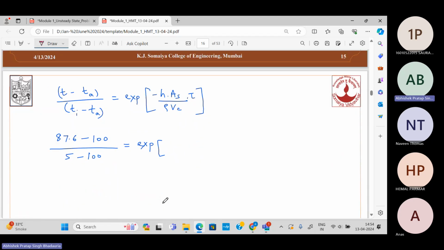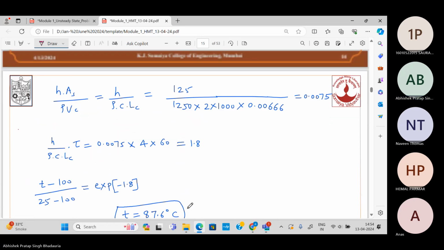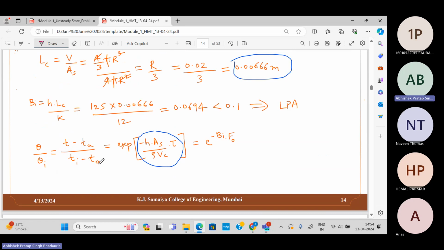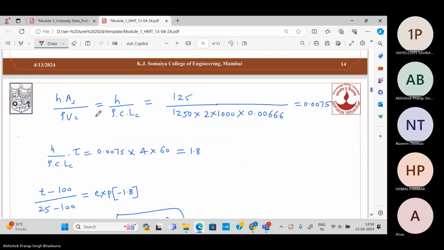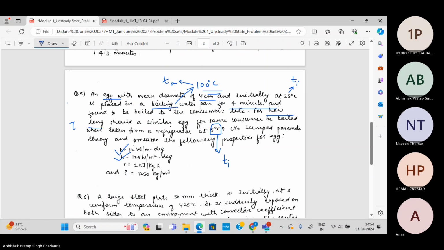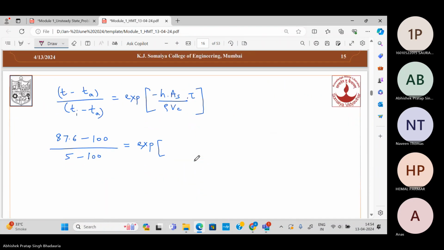Let's put the value from there. What is its value? Its value is 0.0075. So minus 0.0075.